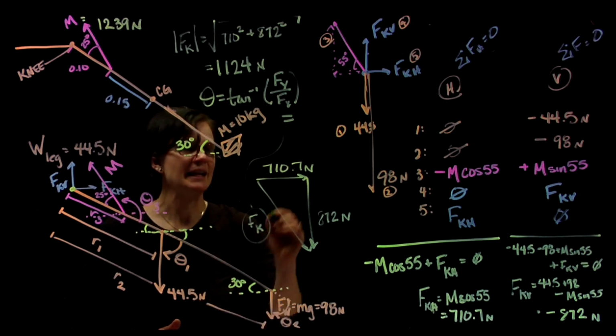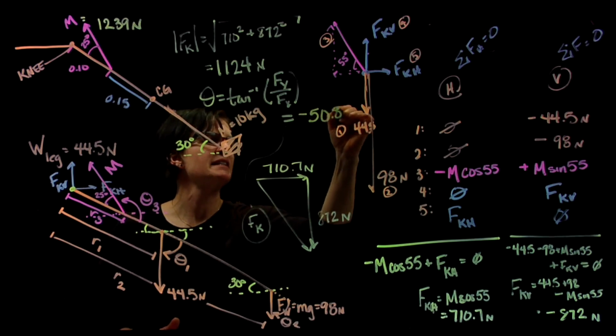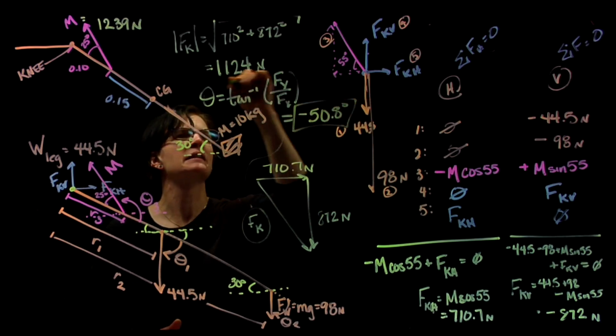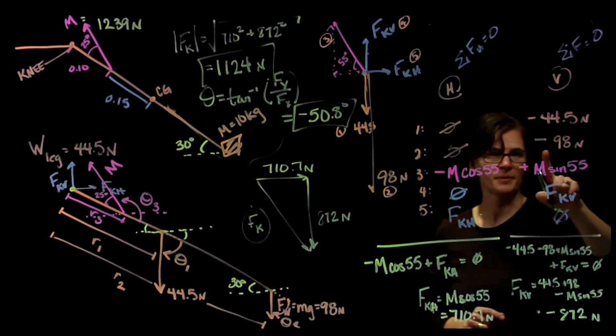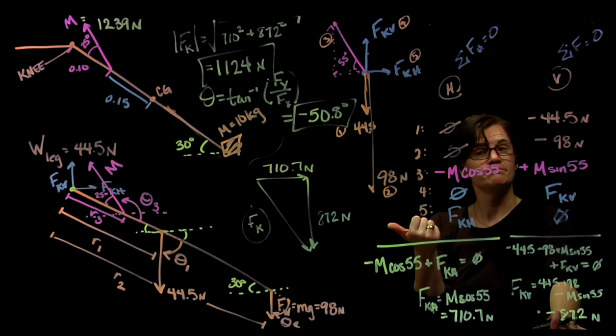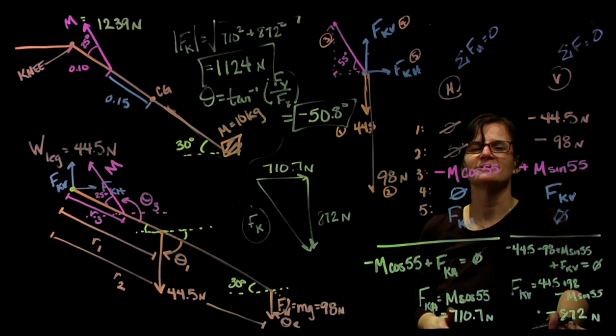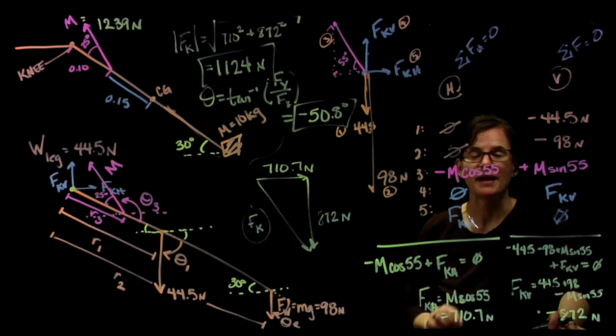That gives us a negative 50.8 degrees. Now, is that the right angle? We always want to make that check. That's a common mistake. What quadrant does that angle tell me it's in? Fourth quadrant. Fourth quadrant has a positive x, a negative y, so I'm good. We don't have to make an adjustment for the mathematics.